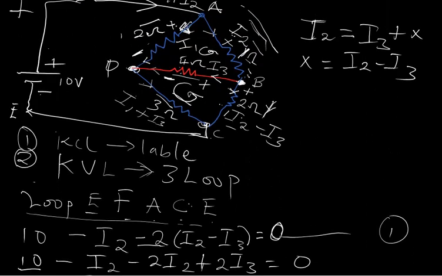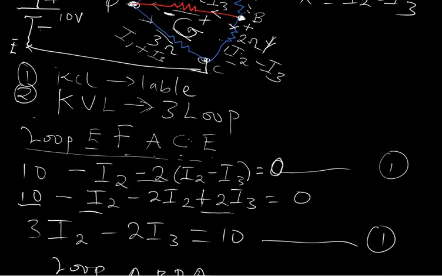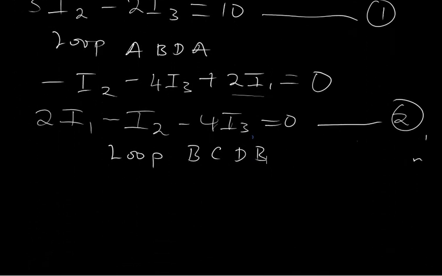Let's look at that flow from positive to negative. That's 2, minus 2I2 minus I3, minus 2 bracket open I2 minus I3 close bracket.